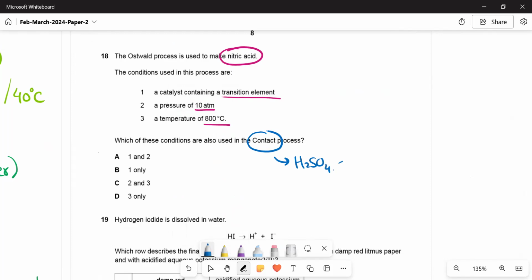We take a temperature of 450 degrees Celsius, so statement 3 is wrong. Then we take a pressure of 2 atm, so statement 2 is also wrong. And we will use the catalyst vanadium(V) oxide, and vanadium is a transition element. So yes, we use a catalyst which is a transition element in the contact process also. So the answer is 1 only.